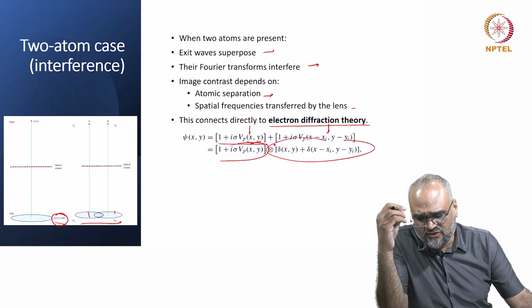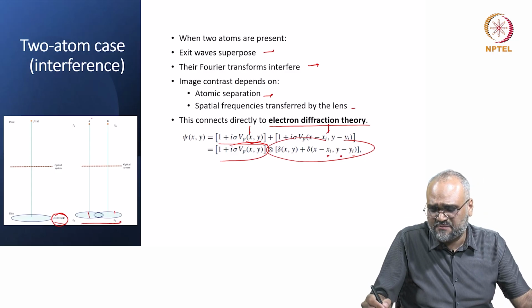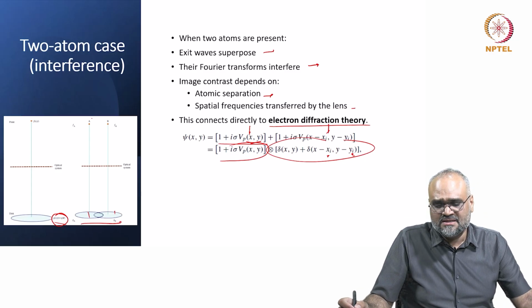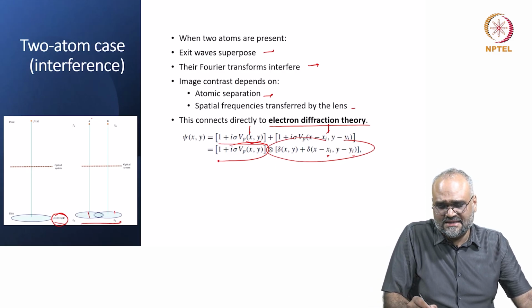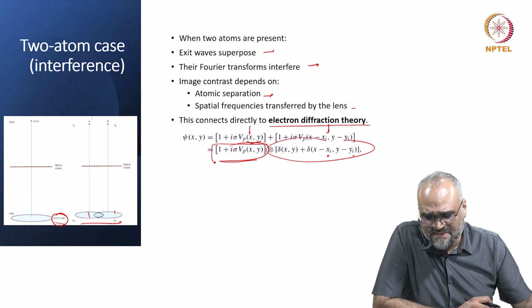So if I assume that there is one atom at one position and another atom at some other position xi and yi, I can look at this as a convolution, kind of the weak phase object approximation that we showed.